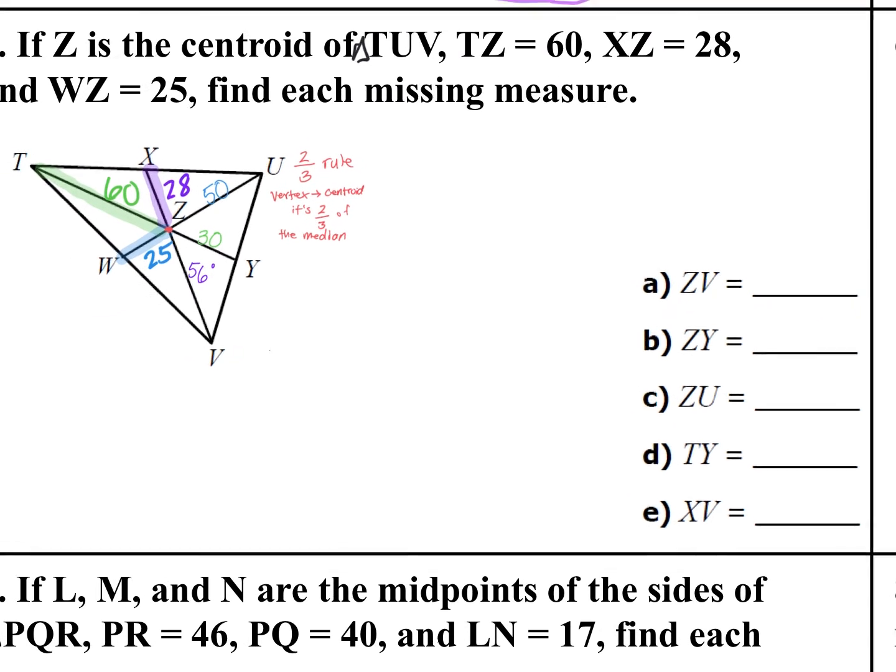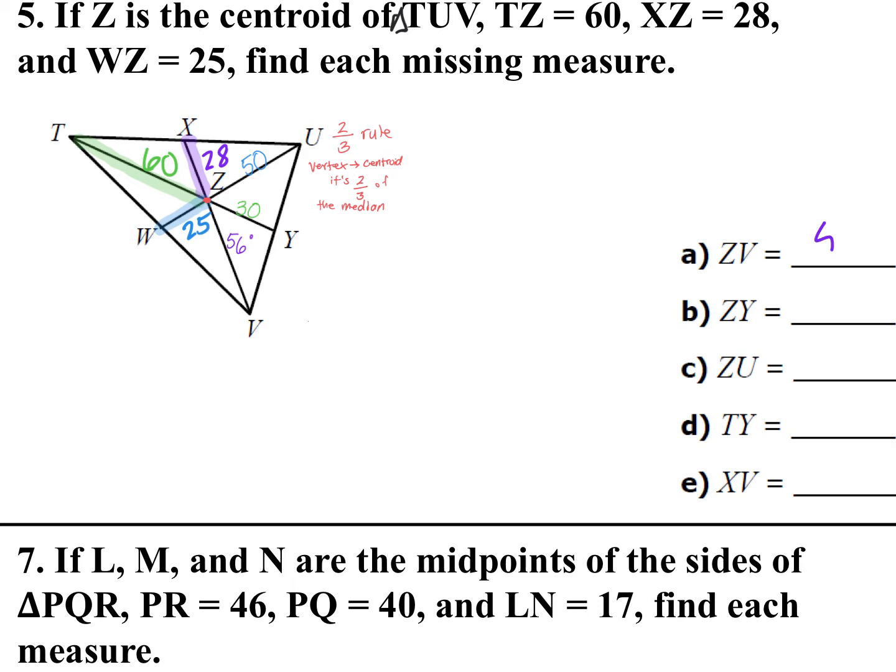All right, so let's go ahead and fill in our information now. ZV, we already found that, is 56. I don't know why I put down degrees. It's not degrees, this is length. Then ZY, we found that to be 30. ZU, that's 50.